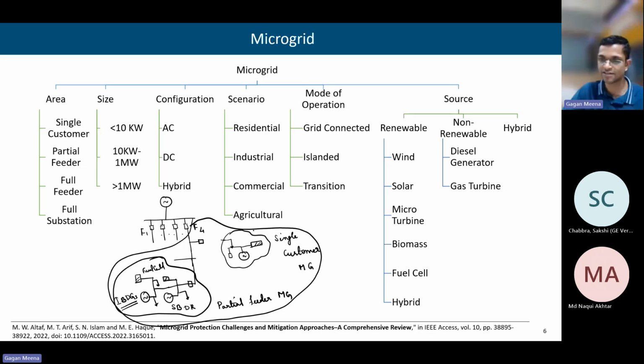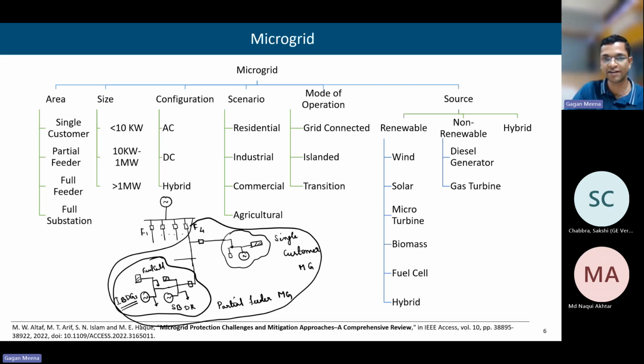Still a certain percentage of load, or even full load, depending upon the size of the DGs, can be supplied. Similarly, each of these sections can be a microgrid, and this increases the reliability and ensures uninterrupted power supply.